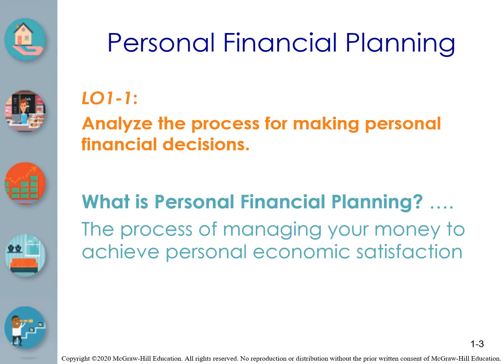So again, now drilling down on objective one. What is analyzing the process for making personal financial decisions? What is personal financial planning? It's the process of managing your money to achieve personal economic satisfaction. Finance in its broadest meaning really comes down to the process that you're going to use for managing your money.